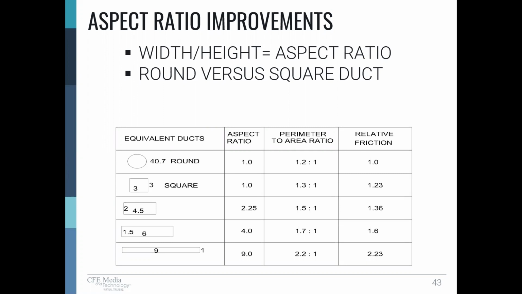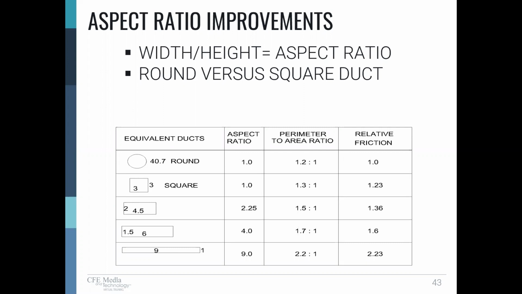With a 4.0 aspect ratio, your duct is 1.5 feet high and 6 feet wide. The relative friction is 1.6, so it's 60% more losses. That's about the limit, because the materials to make this duct are nearly twice as much material and 60% more losses.